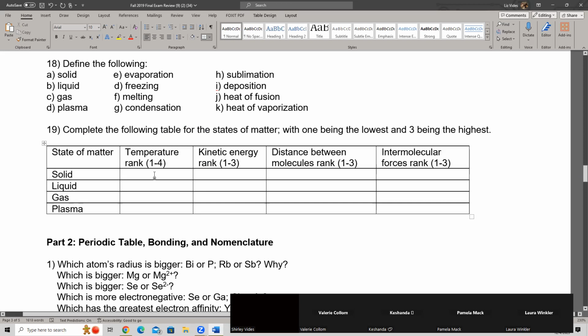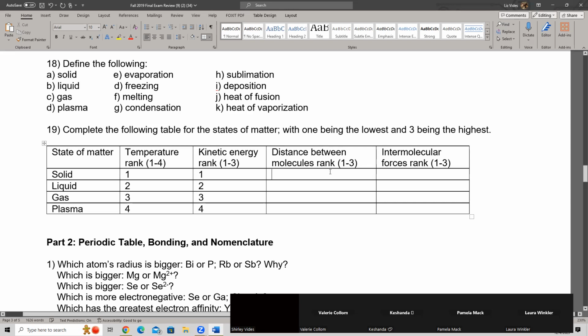All right, so solid, the temperature in a solid is the lowest, right? So notice it says 1 being the lowest, so that's the lowest. Then the liquid would be next. They're kind of in order on purpose. Kinetic energy is the same as temperature because it's the movement of the molecules that gives you the temperature. So again, 1, 2, 3, 4.